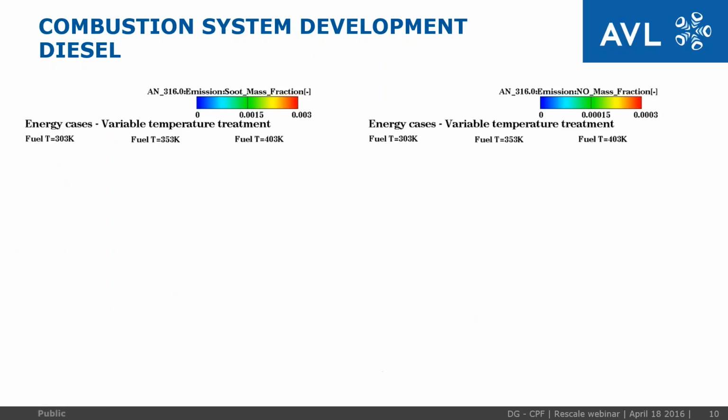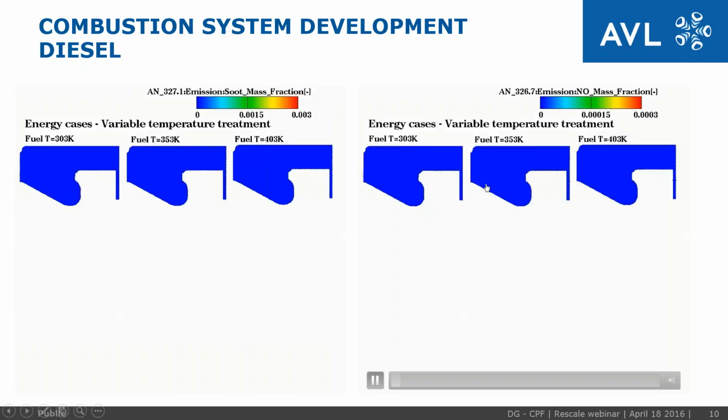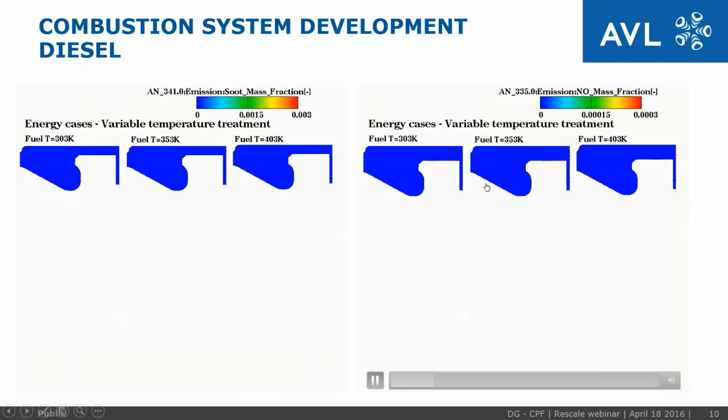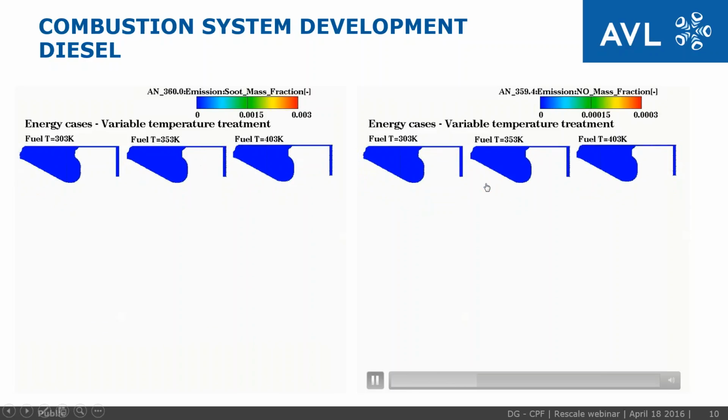The animations here are going to show an example of transient soot and NOx formation, soot on the left, NOx on the right-hand side. You will see what happens for different fuel temperatures, 300, 350, and 400 Kelvin on both sides. And what is interesting is I mentioned the trade-off between soot and NOx formation.